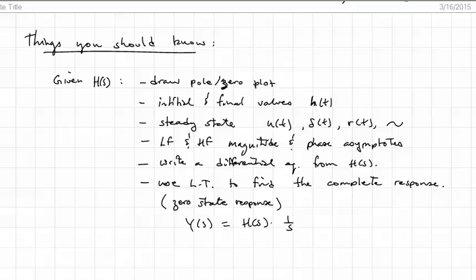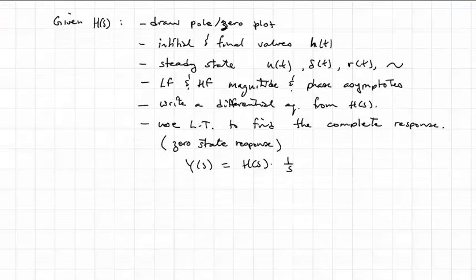You should be able to do partial fraction expansion and find the inverse Laplace transform using transform pairs and some properties. You should be able to find y of t, and that y of t will be the complete response, but for the case where there are 0 initial conditions.